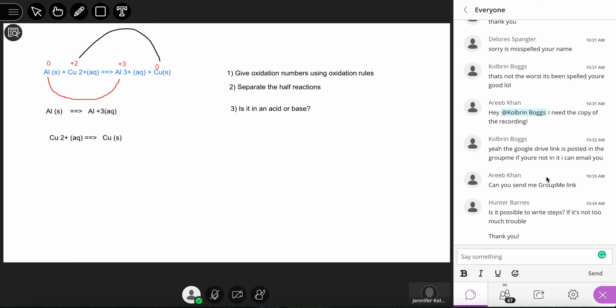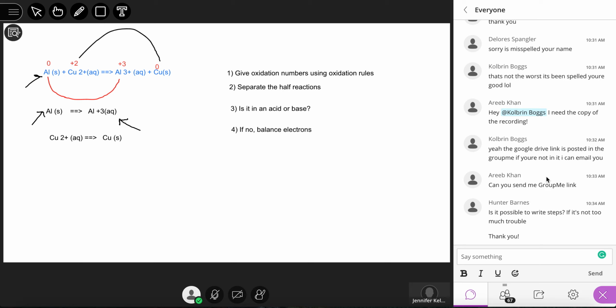Balance electrons. All right. So to balance the electrons, we want both sides to have the same overall charge. If you look at this side right here, it's neutral, but this side is +3. So we want to add electrons to the more positive side.